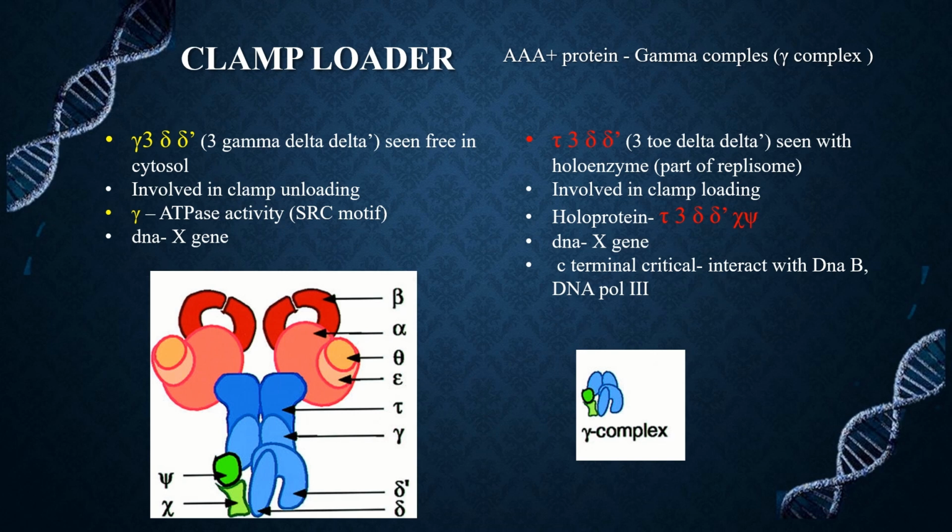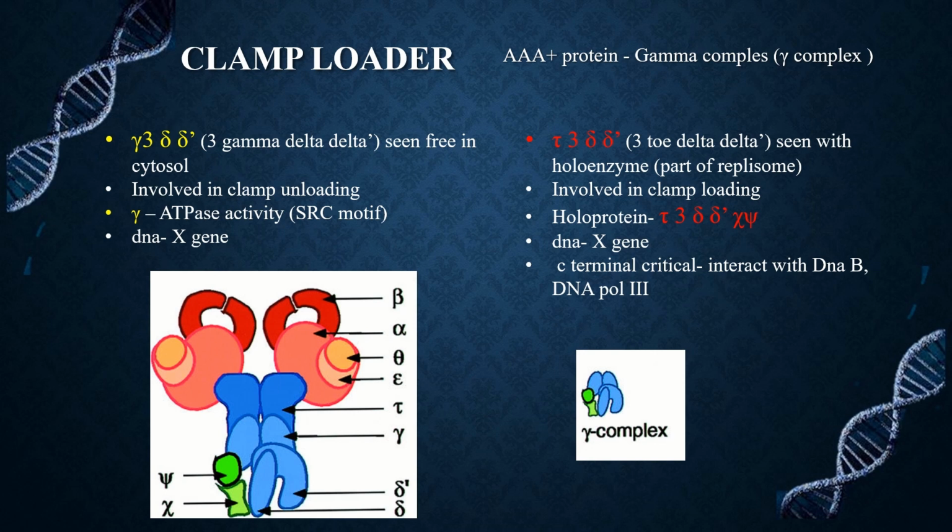Clamp loaders in prokaryotes are called the gamma complex. It is an AAA+ protein, and the minimum components required for clamp loading are called the minimal clamp loader. It exists in two forms mainly, gamma3 delta delta dash and tau3 delta delta dash.